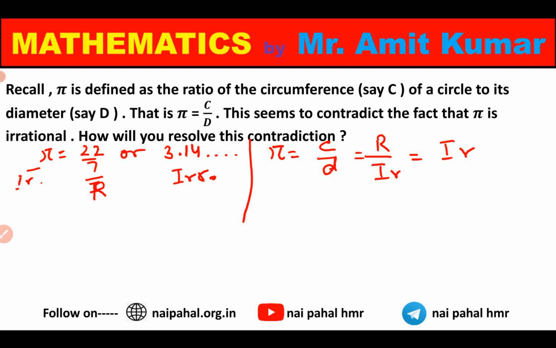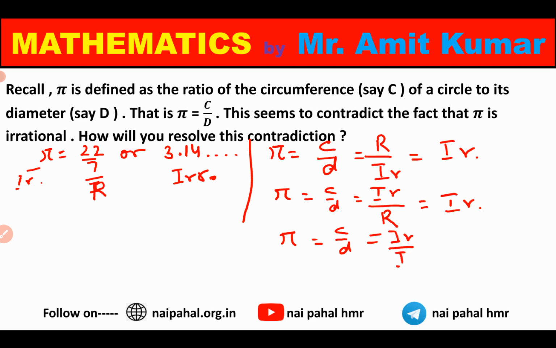And if we take C upon D in which C is irrational and D is rational, then the answer will again be irrational. And in the next case we have C upon D where both are irrational, then again the answer will be irrational.